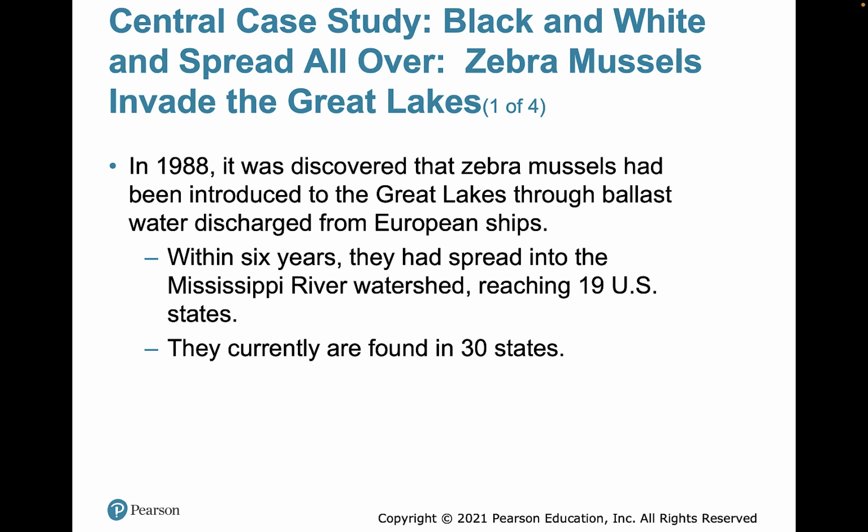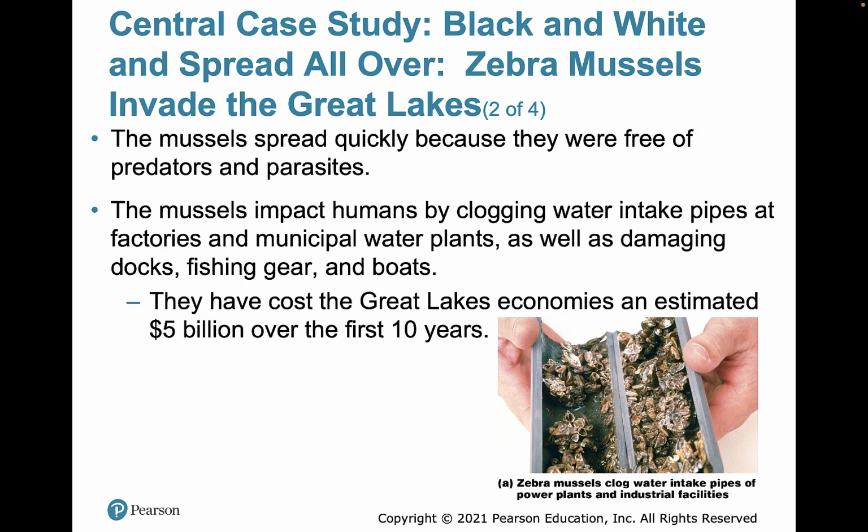Shortly thereafter, 6 years later, they had spread into the Mississippi River, and they are currently found in over 30 states in the U.S. Okay, so why did they spread so much? They didn't have predators or parasites, and they caused a huge issue to humans.